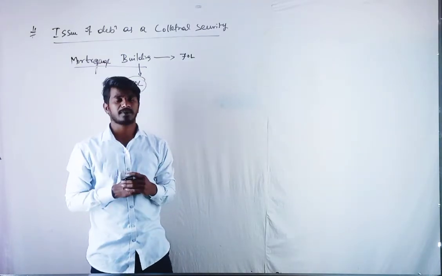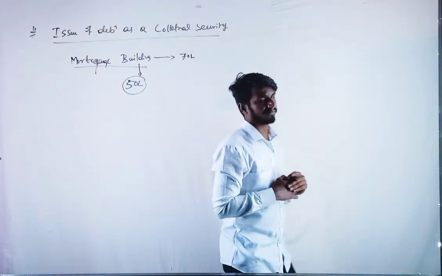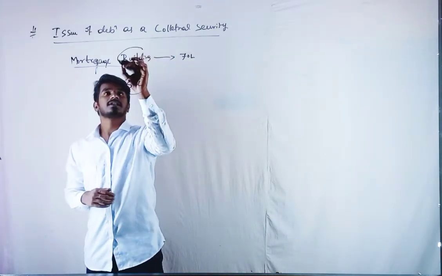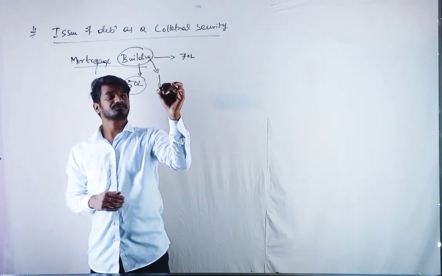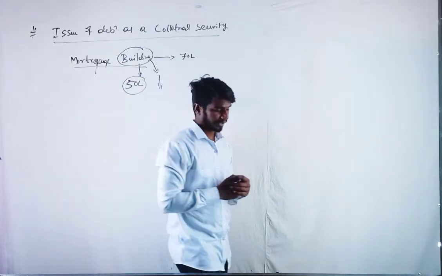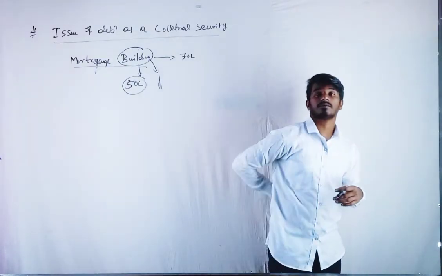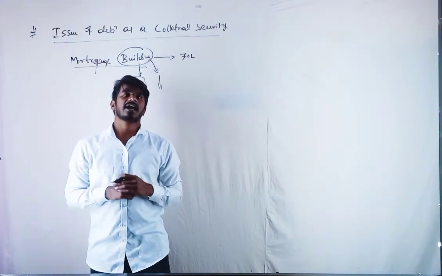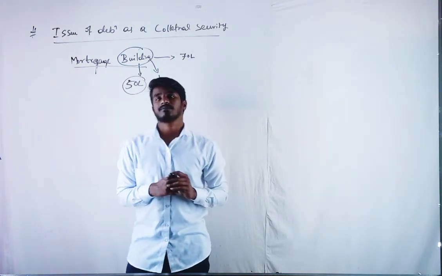But the bank says that if in future the building value is reduced, how will we recover your loan, whatever the given loan? So the bank asks for collateral security.